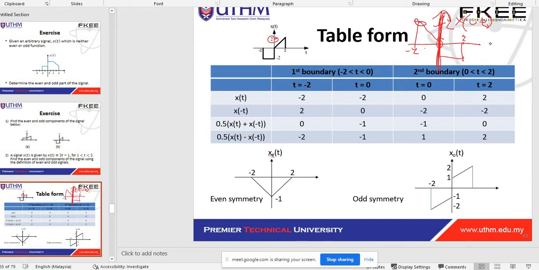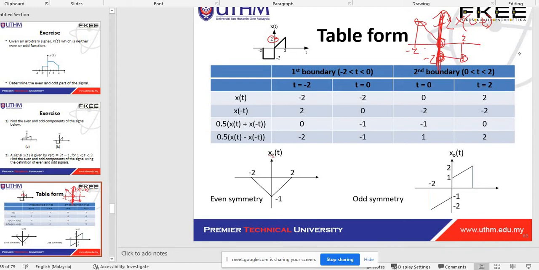And just now is 2, now you have 0. And then from 0 to 2, okay, at t equals 0, you have the value of negative 1. Sorry, negative 2. You have negative 2. And for t equal to 2, you have the value of negative 2 also. Is it okay, class? Okay, doctor.